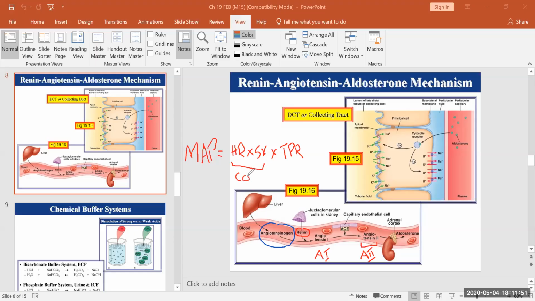This is one of the questions from the previous exam. The question was asking you to ignore cardiac output, and what would be the consequence of norepinephrine acting on alpha adrenergic receptors. If you ignore cardiac output, the only way it can have an effect is through TPR. If it binds and causes constriction, it will increase TPR. If it increases TPR, then it will increase MAP.